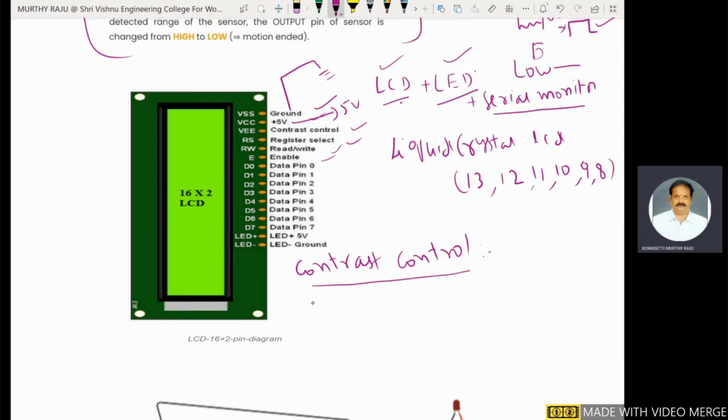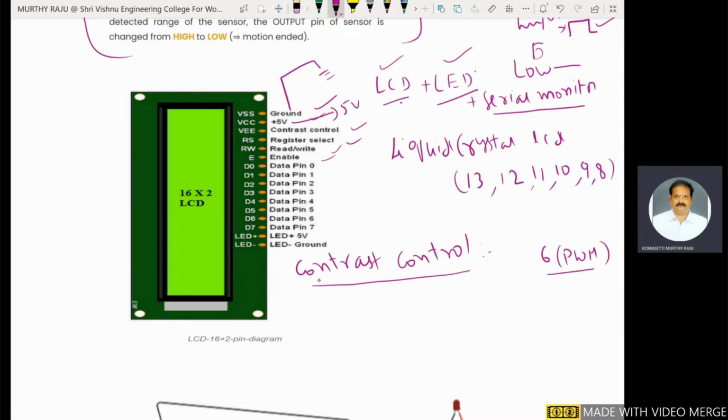Out of that 6, you must select one pin. That pin is the 6th pulse width modulation pin.